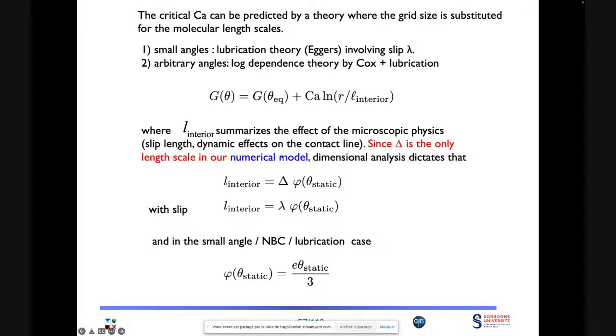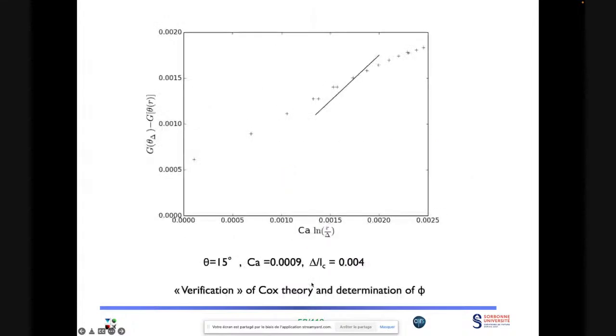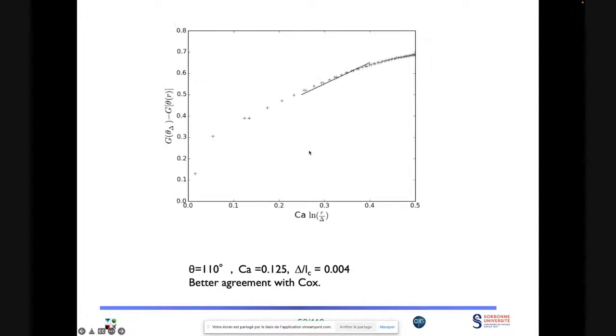And the interior length scale that appears here in the numerical case depends on the numerical small scale parameter, which is the grid size, times some gauge function phi, which is known to be this e to the theta over 3 in the lubrication case. And we can try to verify that. And we actually see that. We see a logarithmic dependence, but it doesn't have quite the right slope, which comes probably from the fact that we don't have a wide enough range of scales. For larger angles, it works a little better.